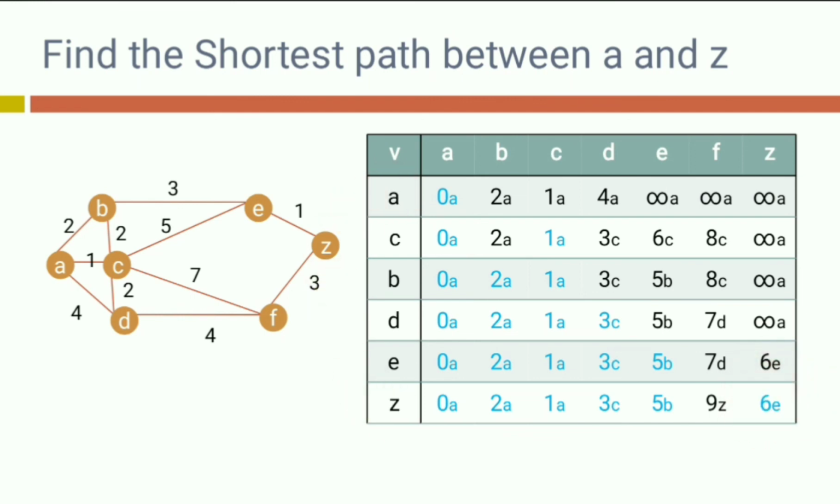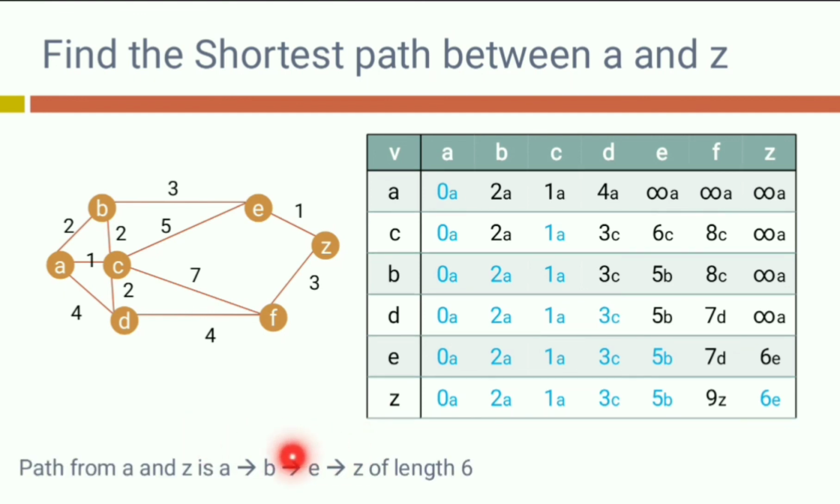So we'll backtrack how to reach A from Z. From Z, the path follows from E. From E, it goes to B, and from B, it goes to A. So the path is A to B, B to E, and E to Z. So it is of distance 6. So path from A to Z is A to B, B to E, and E to Z of length 6.